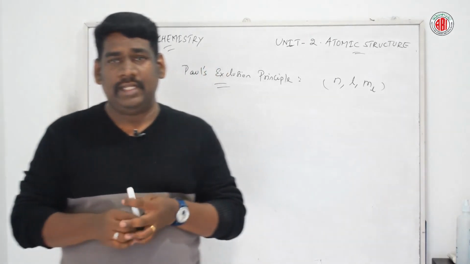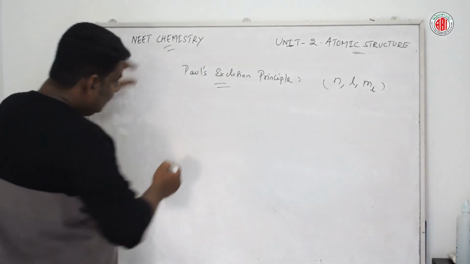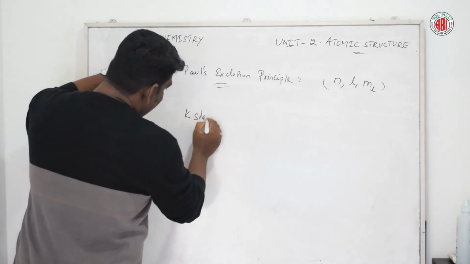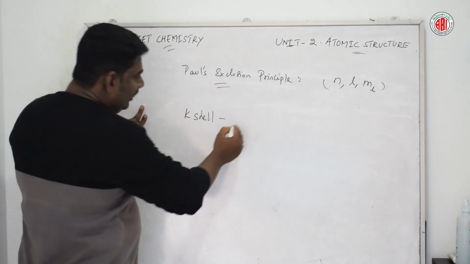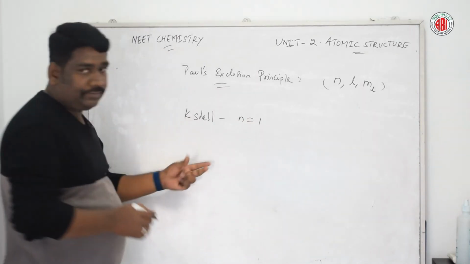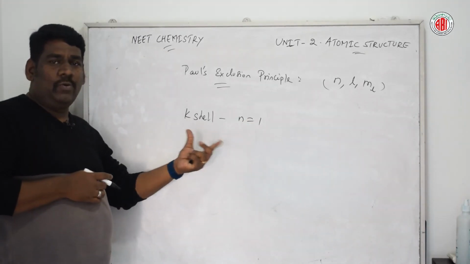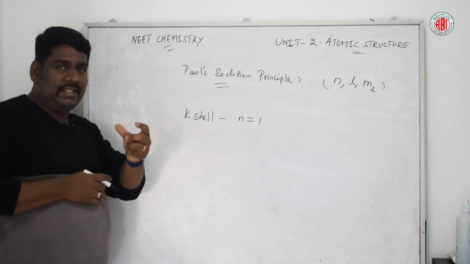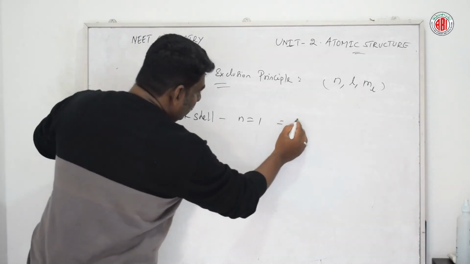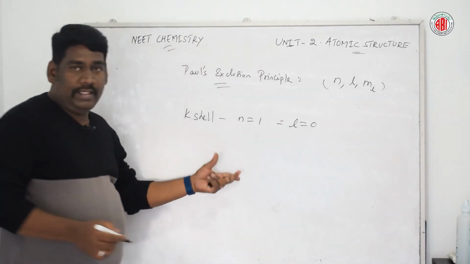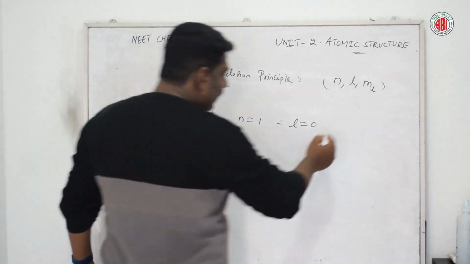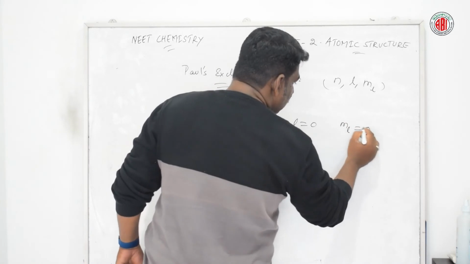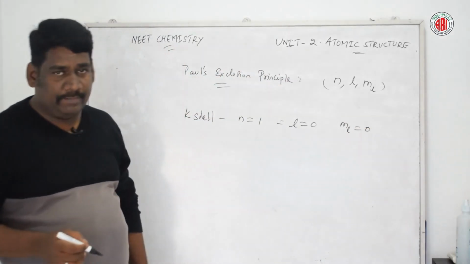Say for example, we will take the K shell, considering 1s. So in 1s, n is equal to 1. It will have one value of l, l is equal to 0. Next, the value of ml is also 0. Now the magnetic quantum number.